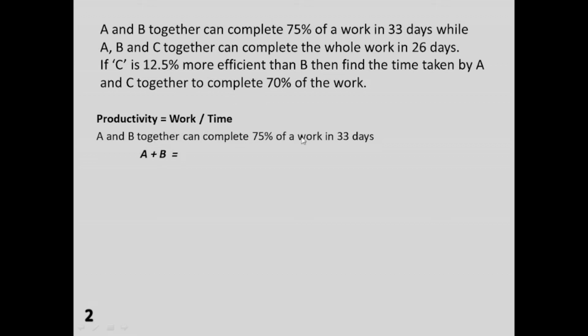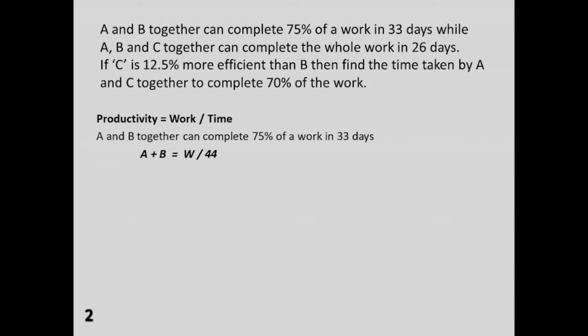If we say the total work is W, 75% of it is completed by A and B. 75% is nothing but 75 by 100 of the work, meaning multiplied by the work. So this completes the work part. Now the time is 33 days, so divided by 33. If we simplify this, we get A plus B is equal to W by 44.